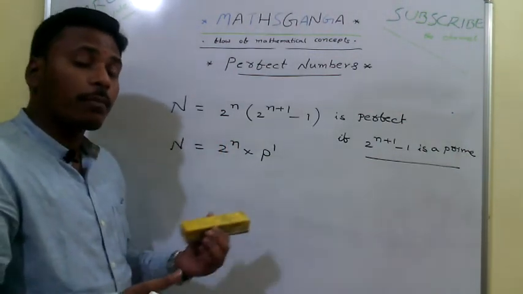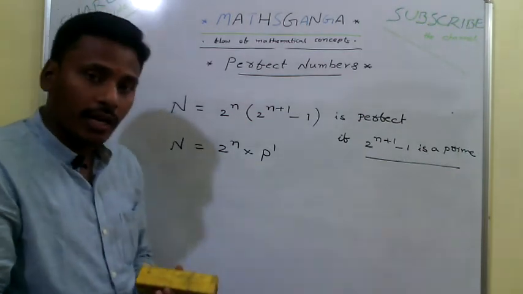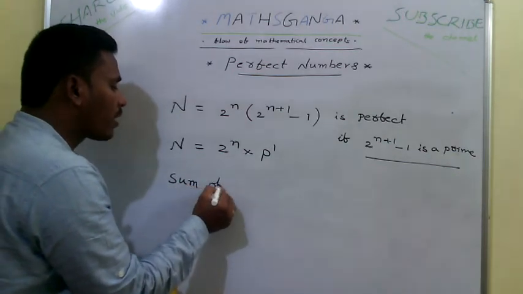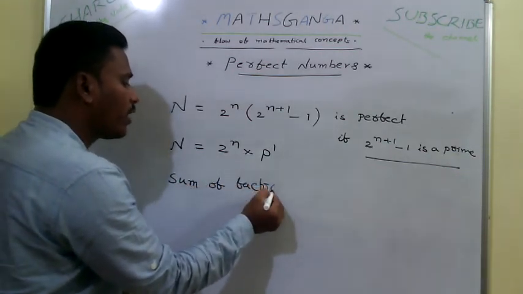How can we say whether it is perfect or not? We will say by calculating the sum of the factors. In the last videos, we learned the way of calculating the sum of factors for a given number n.